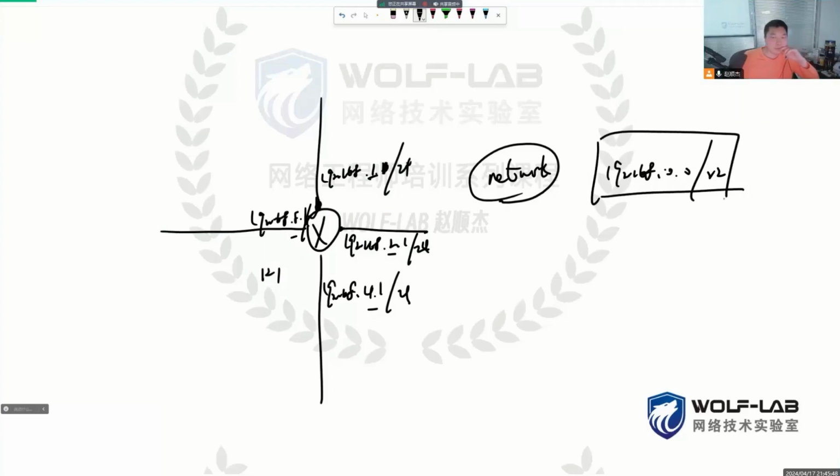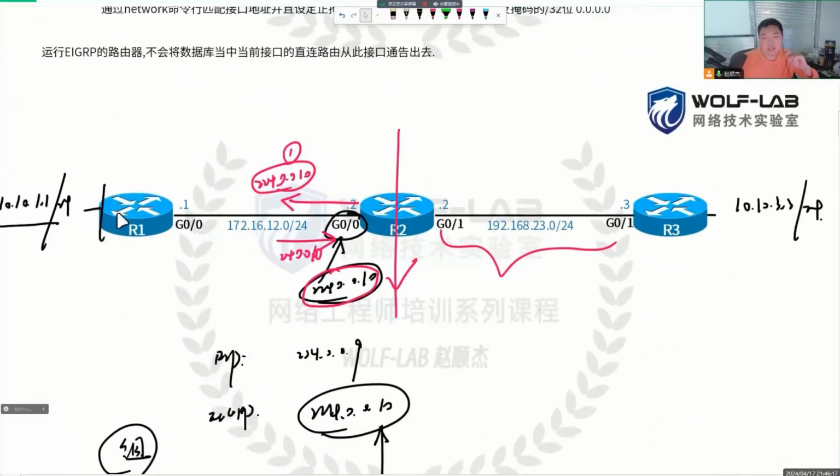The main point of the network command we have talked about is to activate the interface and let my interface run the dynamic routing protocol. Through this network method, I can freely configure how many interfaces I want to activate. For example, with network 0.0.0.0/22 and so on, which interfaces can be activated to run EIGRP: 1.0, 2.0, 4.0, 8.1.